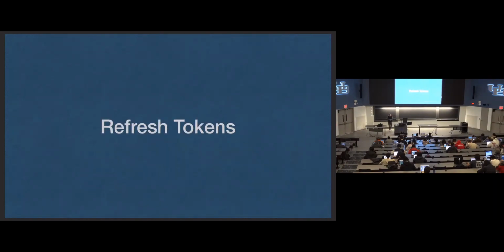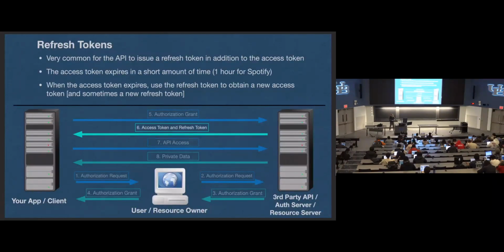Okay, refresh tokens. It's common, and you'll see this in pretty much any OAuth setup. Not all of them, but the Spotify one does. In your homework, I don't know if I say it explicitly, but you can flat out ignore the refresh tokens.